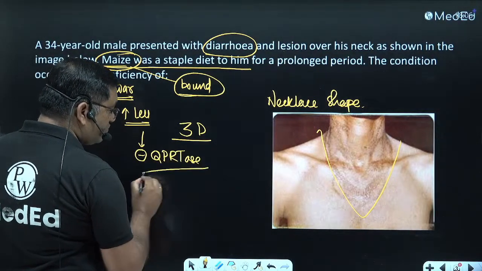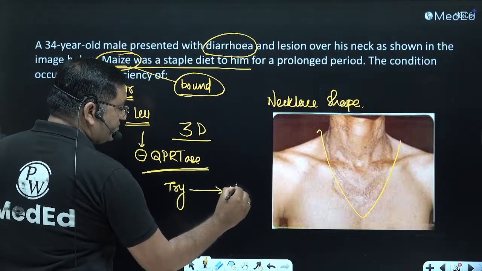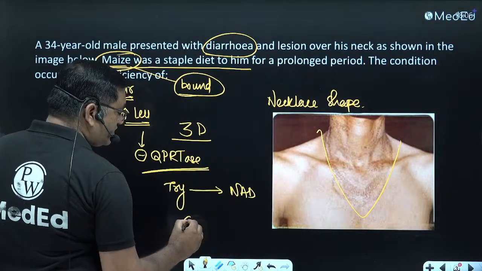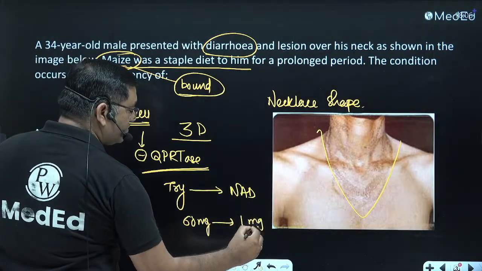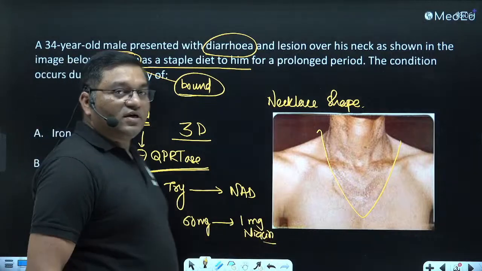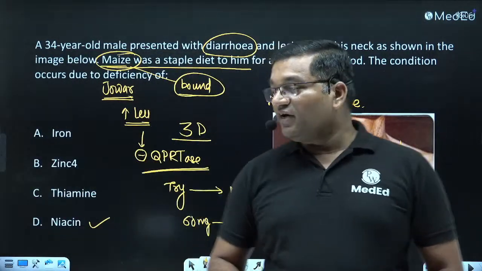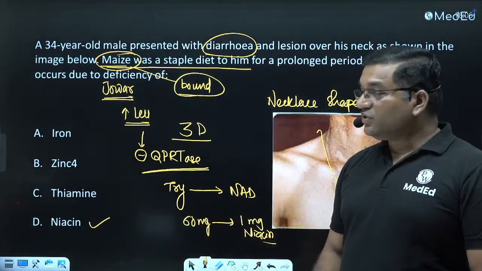This is the enzyme which is required for conversion of tryptophan into NAD. So all of you know that 60 milligram of tryptophan will give 1 milligram of niacin. So some requirement of niacin is fulfilled from the tryptophan.